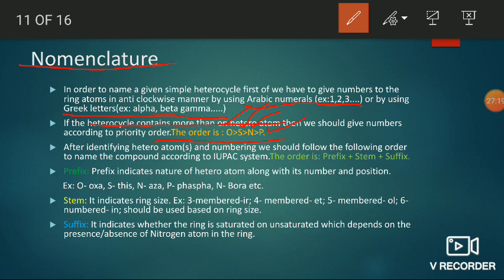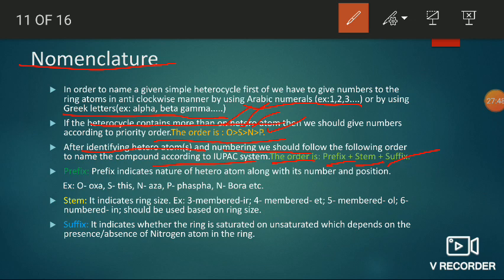After identifying heteroatoms and numbering, we should follow a specific order to give a particular name according to the IUPAC system to that particular heterocycle. The order of the IUPAC system contains prefix, stem, and suffix. That is, it contains three parts.